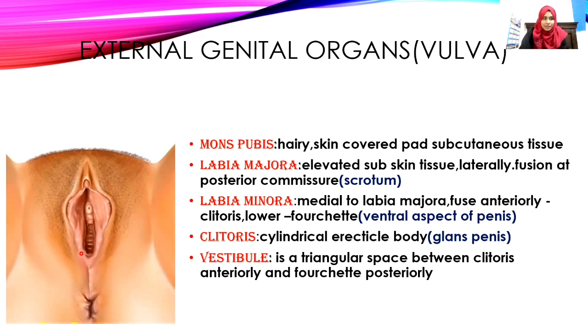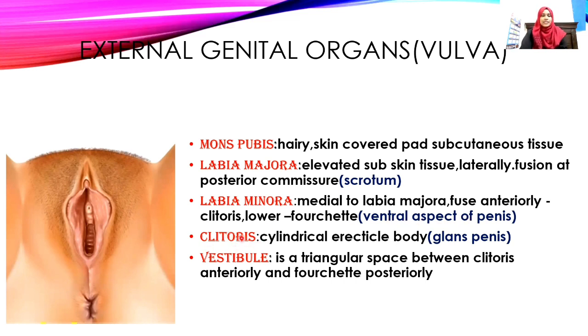The homologous structure of labia minora in male is the ventral aspect of the penis. It's a most commonly asked question.